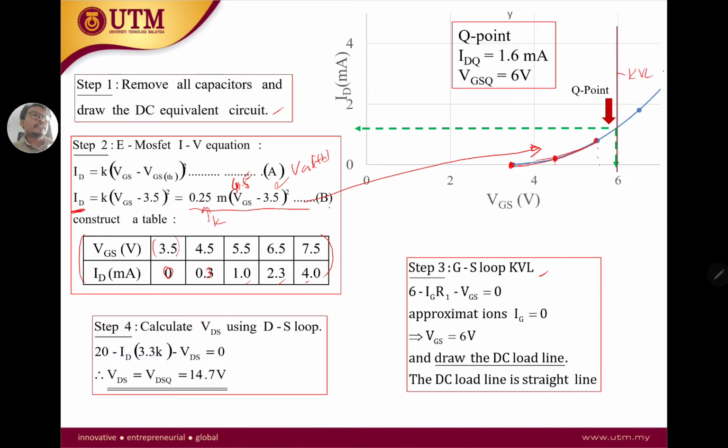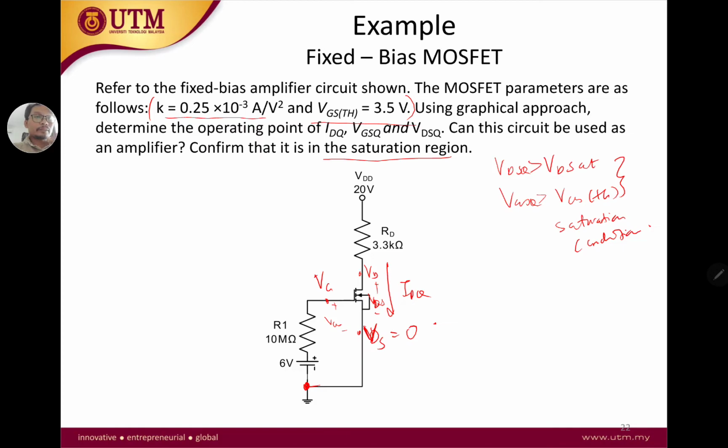Your KVL line. How to get your KVL line is just looking at your KVL here. So 6 minus IG R1 minus VGS equals 0. So how do we get that? We can see, if we look at this line, okay, here we're looking at this line.